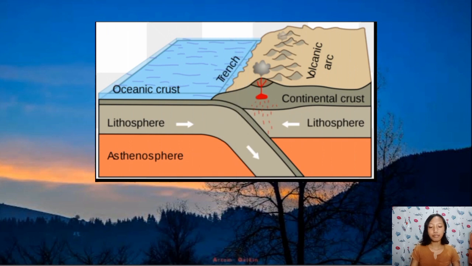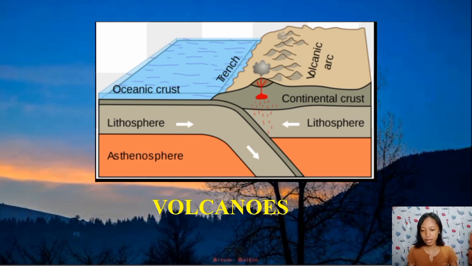First, we have oceanic crust and continental crust convergence. So, when oceanic and continental crust collide or converge, the oceanic plate slides under the continental and bends downward.